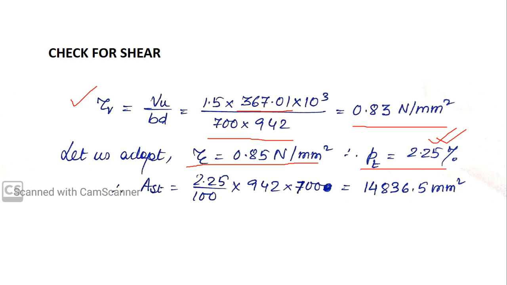For bending moment we needed 0.2%, but now we need 2.25%, so obviously we will be providing this percentage of steel. So let us calculate the area of steel required in your pile cap. If you solve this, that is 2.25% of the gross sectional area, you will be getting this amount of steel required in your pile cap.